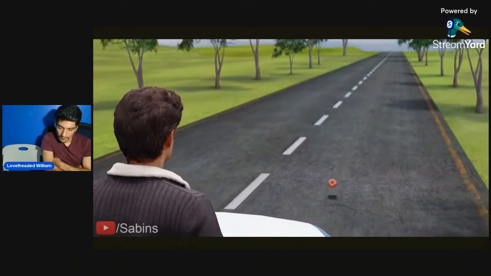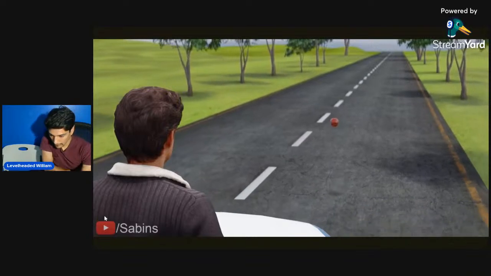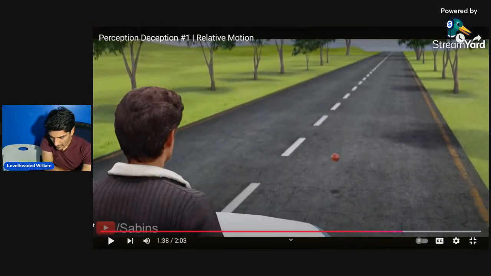However, after the apple hits the road, your brain analyzes the movement of the apple again visually, from your frame of reference, and it looks like the apple is going backwards. But physically, the apple is still moving forward. Again, it's because it's moving at a lower speed than your frame of reference now.